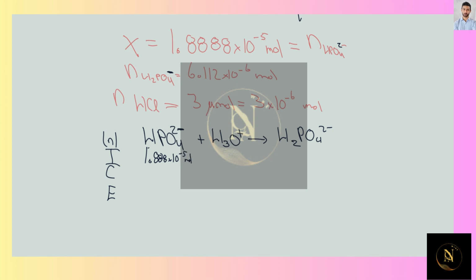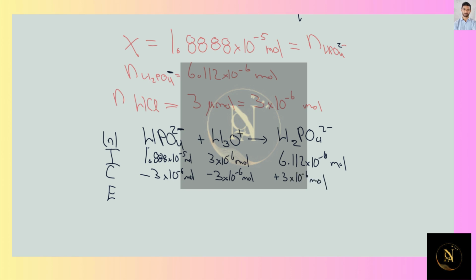We're going to add 3 times 10 to the minus 6 mole of H3O plus, and we initially were going to have H2PO4 minus in a quantity equal to 6.112 times 10 to the minus 6. The amount of change is going to be minus 3 times 10 to the minus 6 mole, the limiting reagent, which is the acid that we added to the solution, and we're going to add that up over here.